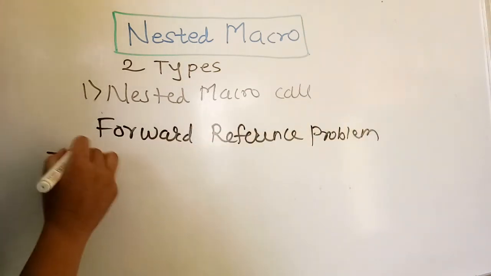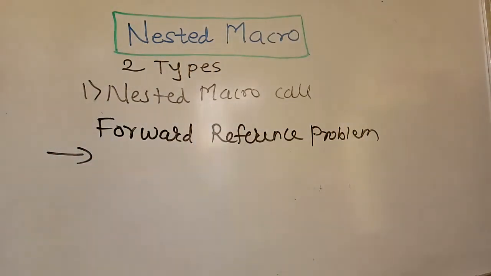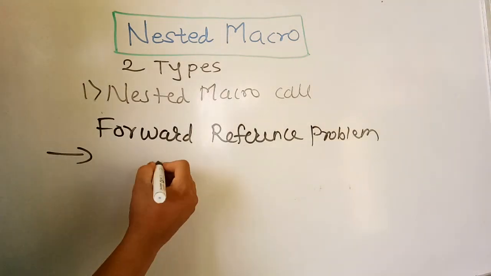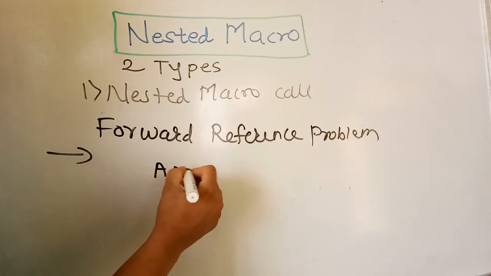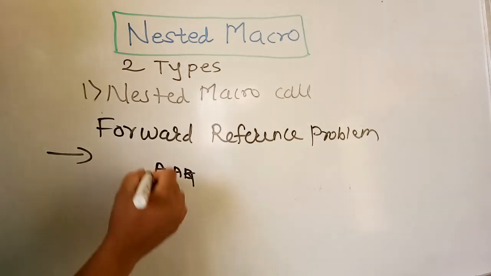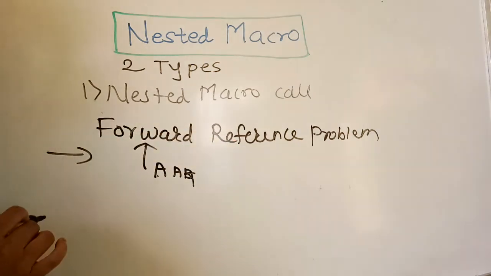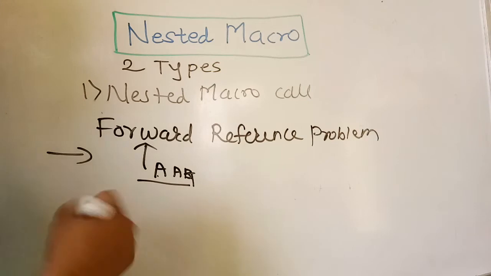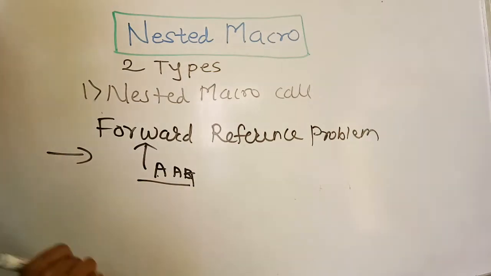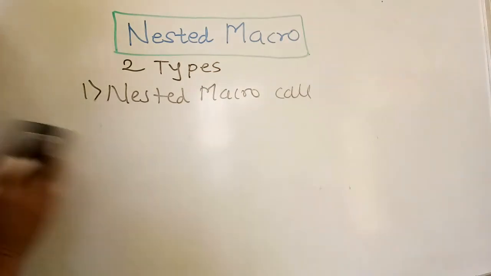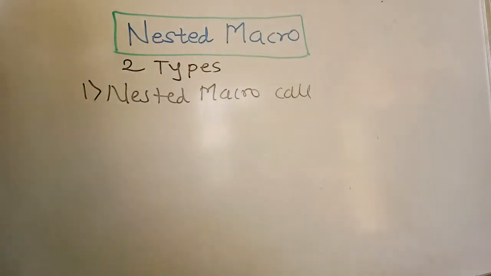What does it mean? A forward reference problem is when you use something before it has been specified. Something you are using that is not specified up till now is known as a forward reference problem. But a macro does not allow such a call, so this problem cannot occur with the nested macro or in the macro facility.